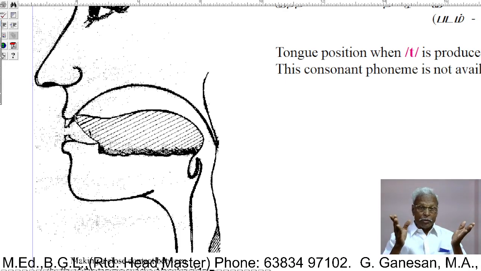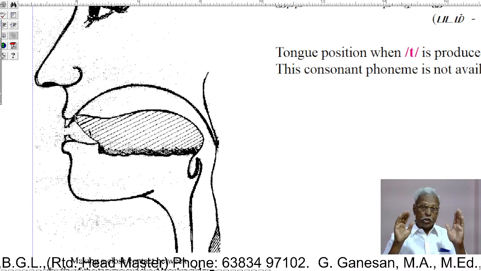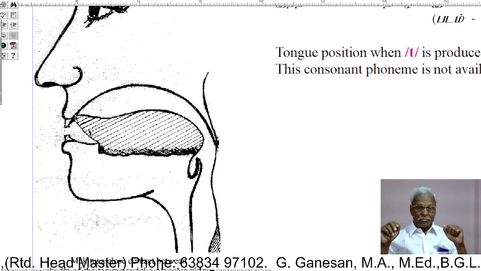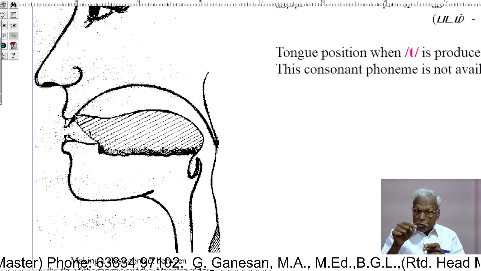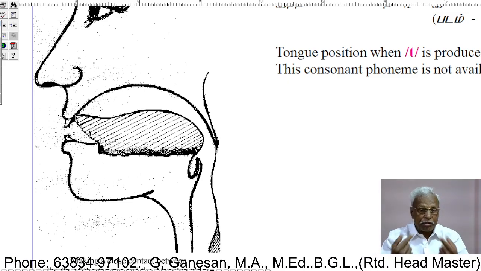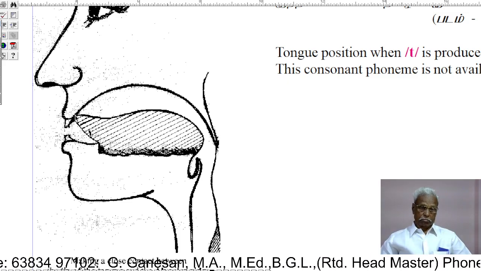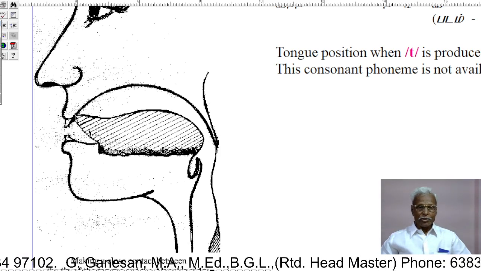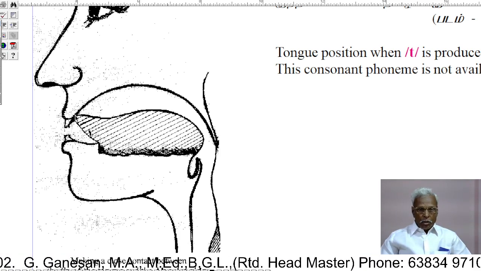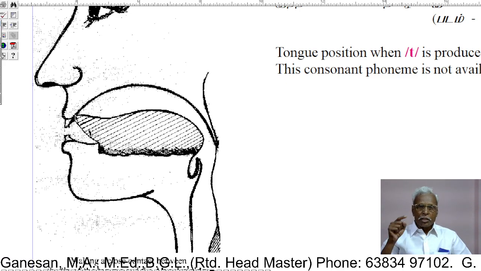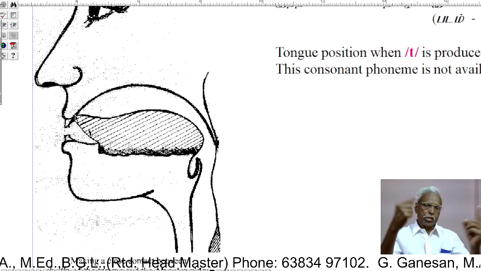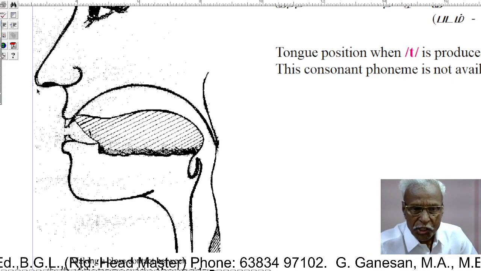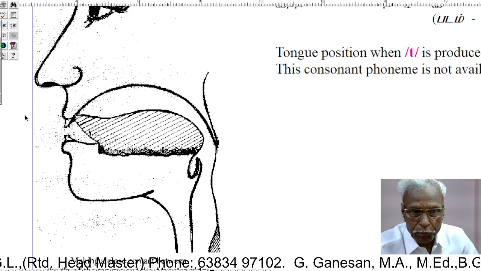The sound will not be simply produced because of putting some organs here and there. It should be sounded. If it is to be sounded, then the vocal cords should vibrate. So it is produced by bringing the tip of the tongue into tight contact with the upper teeth ridge and sounding.